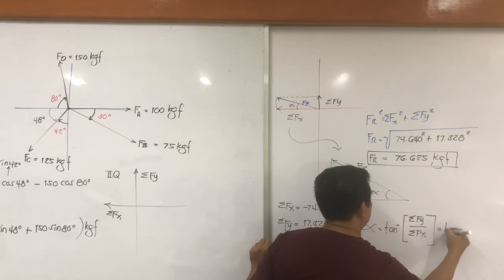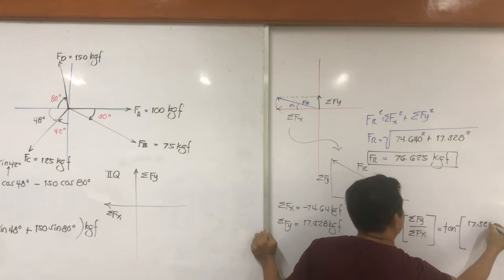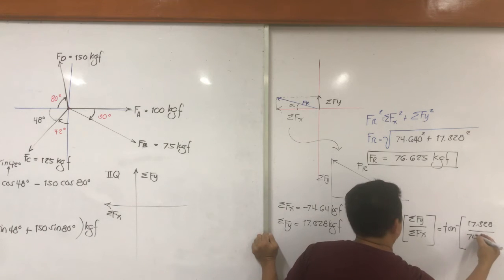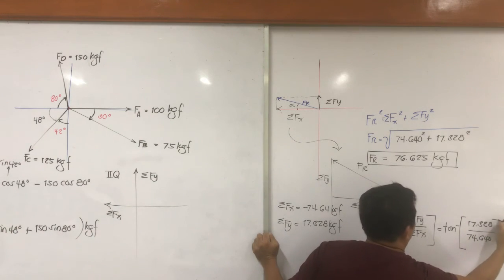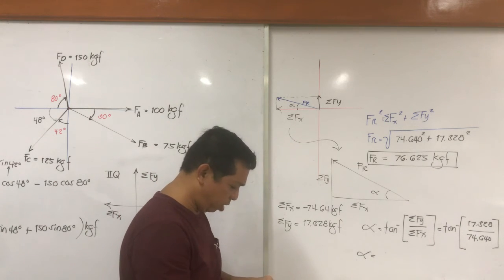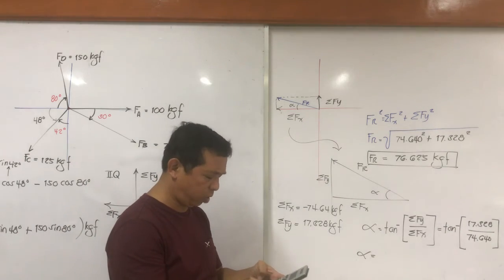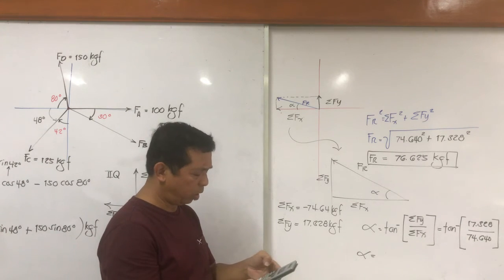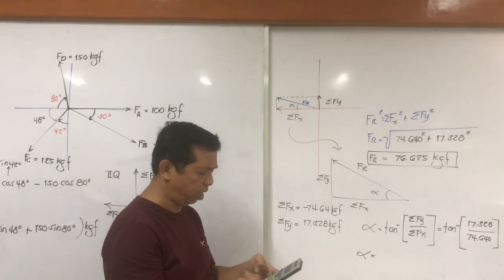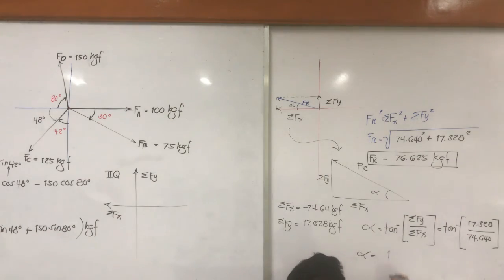So that would have to be the inverse tangent of 17.328 divided by your 74.640 absolute value, gives you 0.2321, and getting the inverse tangent of that value will give you 13.07 degrees for your alpha.